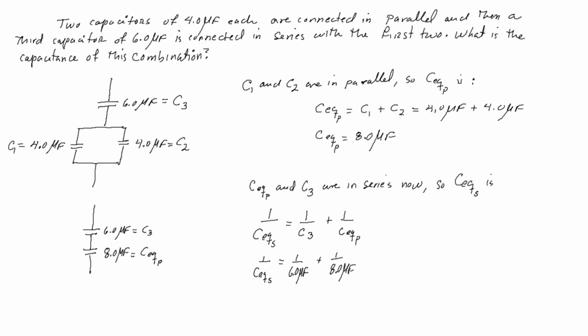Between 6 and 8, the least common denominator is 24, right? So I can multiply these 6 times 4 and above here times 4, and I can multiply the 8 times 3 and this above here times 3. Because like that, I will get 24 in both denominators.